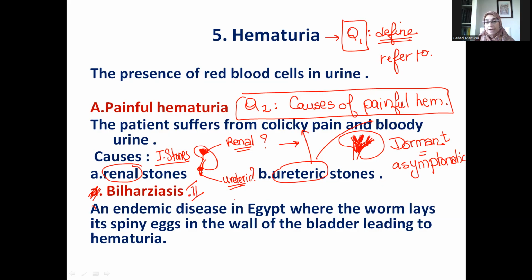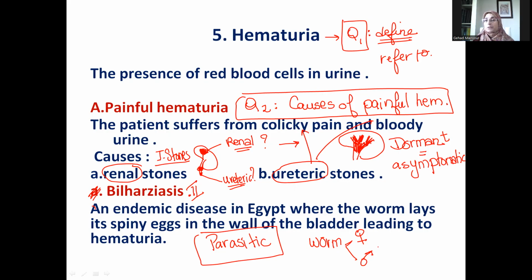The second cause of painful hematuria, as we said before, is bilharziasis. Bilharziasis is a parasitic disease, meaning that it is caused by a parasite, a living organism that causes a disease to human beings, and it is the bilharzia worm. There are female bilharzia worms and male bilharzia worms.